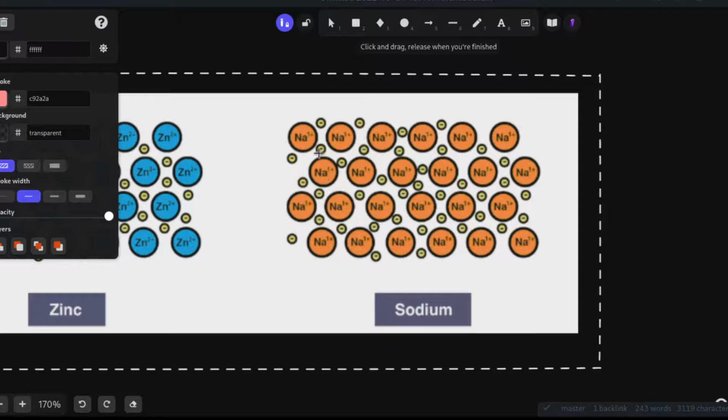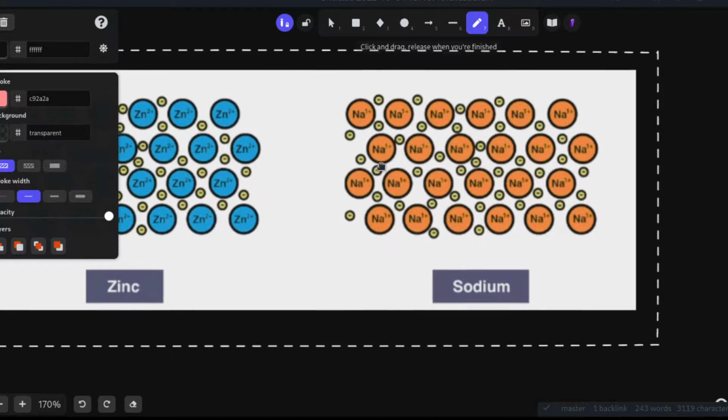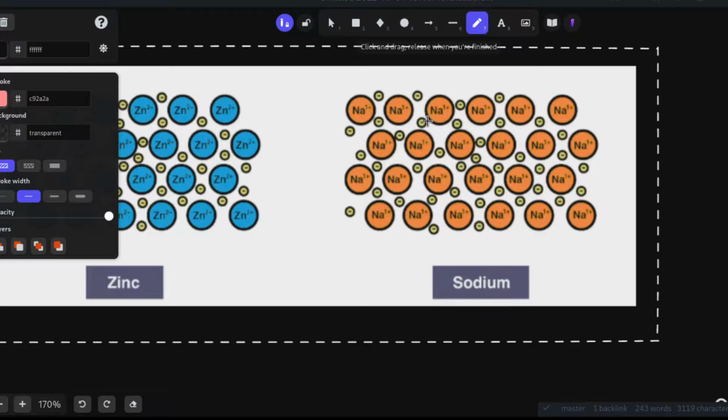Furthermore, metals are usually able to bend over each other. And now why is that? The reason why they are able to bend is due to the fact that if you put enough force, these cations are capable of sliding past each other.